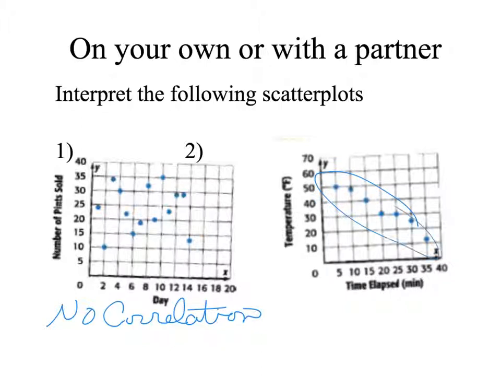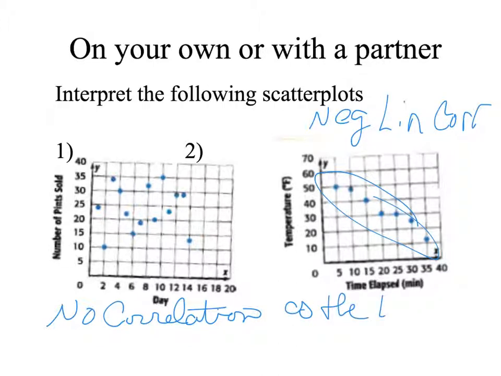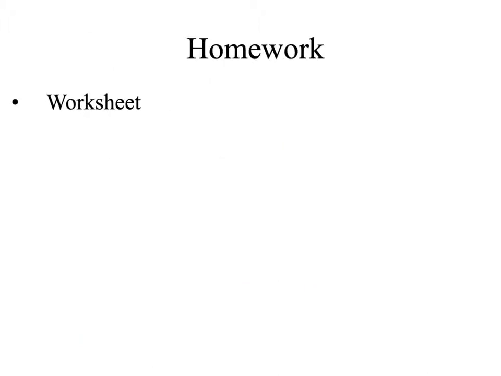Meanwhile, for the second one, you should be seeing a negative linear correlation and saying something along the lines of, as the time increased, the temp, I'm running out of room, but the temp decreased or the temperature went down. Basically, that's it for scatter plots. You really are just looking for those basic patterns of positive, negative, linear, nonlinear.